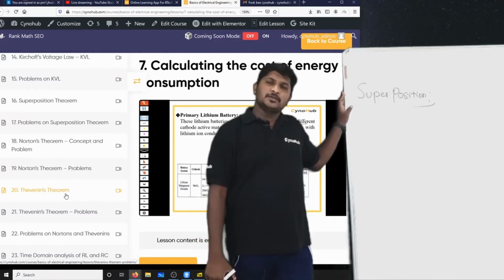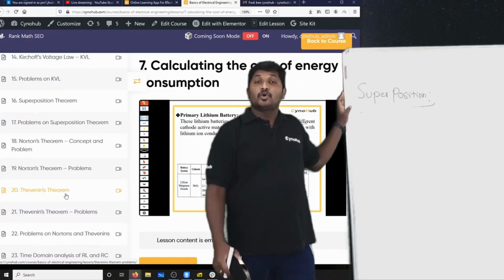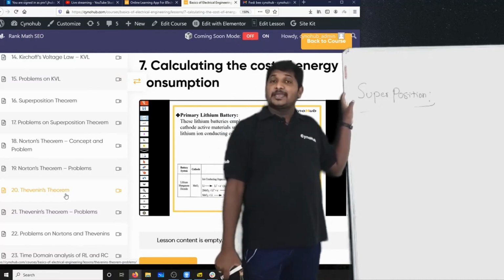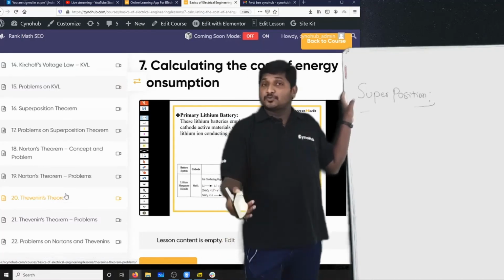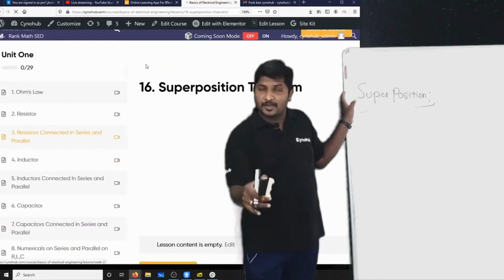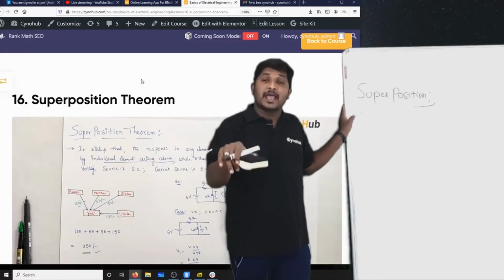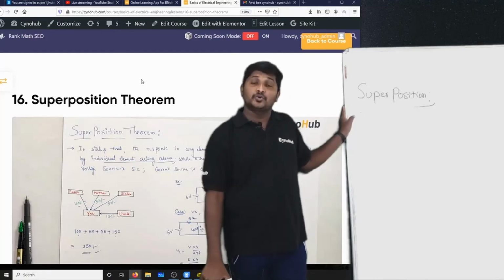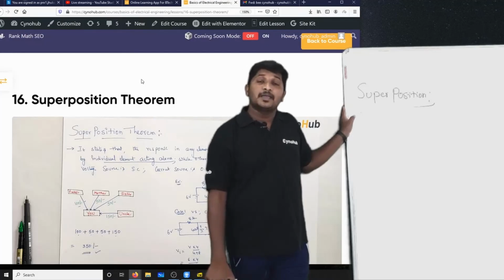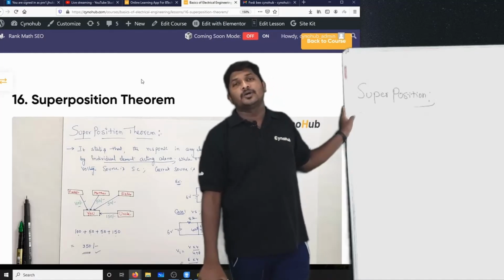Any linear bilateral network having one or more sources, the response in any branch is equal to the sum of the responses caused by individual sources acting alone.